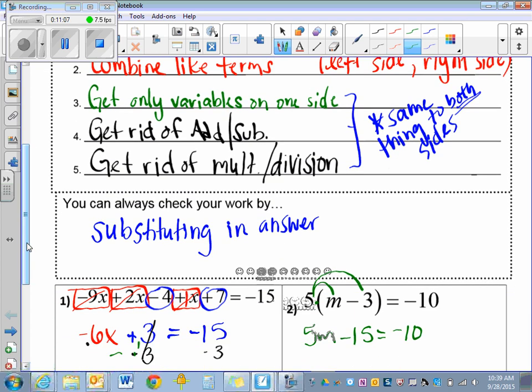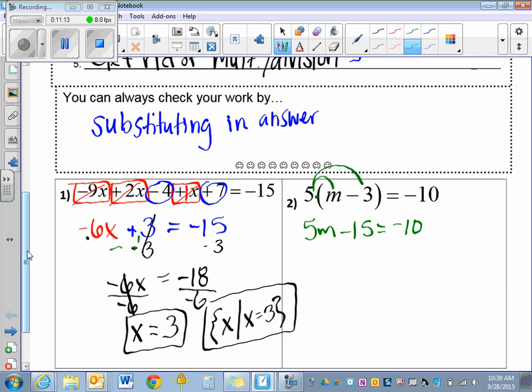We're trying to get it so that just the variable is on this side. So we need to get rid of addition and subtraction first. Do you see any addition or subtraction here? Are we adding anything within our equation? No. Are we subtracting anything? What are we subtracting?